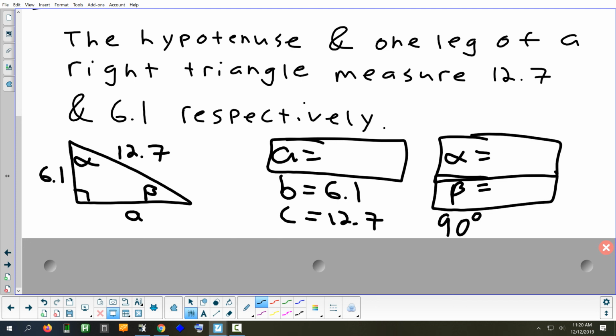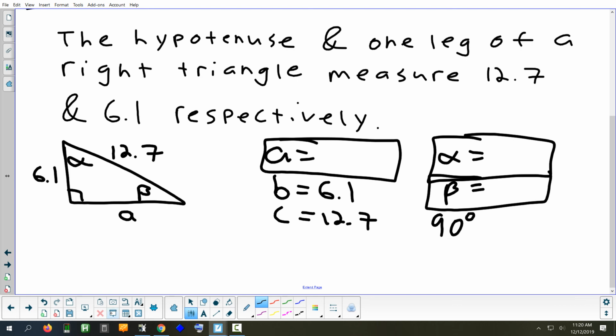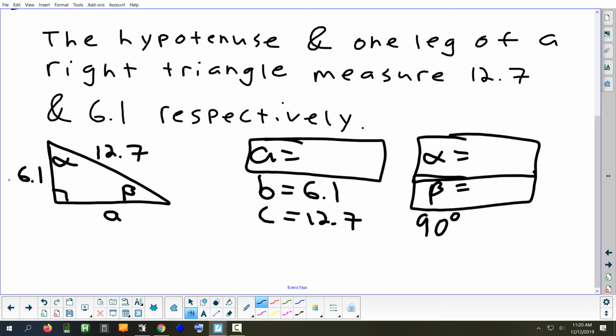Okay. So, what could we use this time that I would be okay with you using? Why am I okay with it? Because you were given two sides. So Pythagorean theorem here is okay to use. You're not using something you calculated. Can you set up for me what that'll look like?